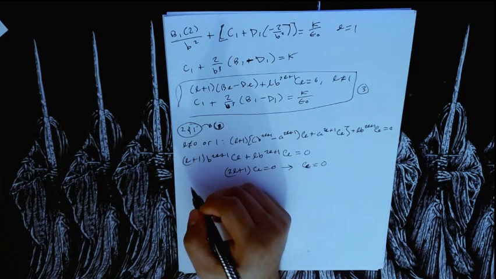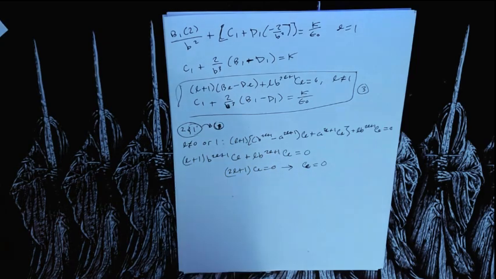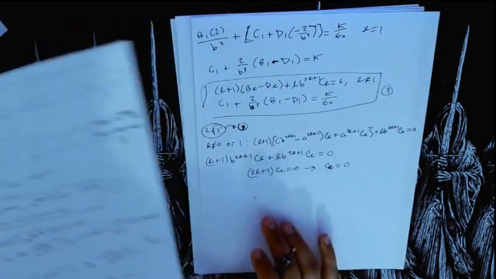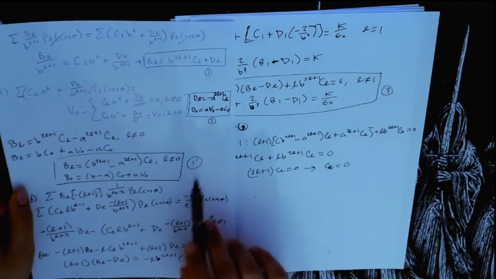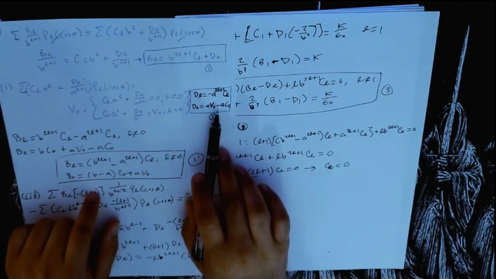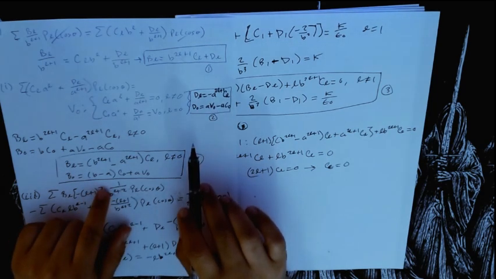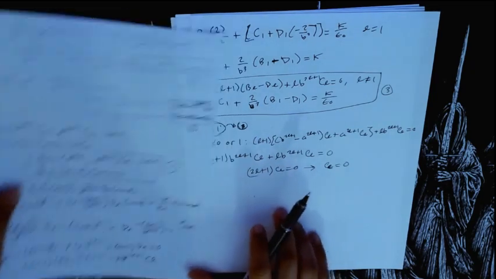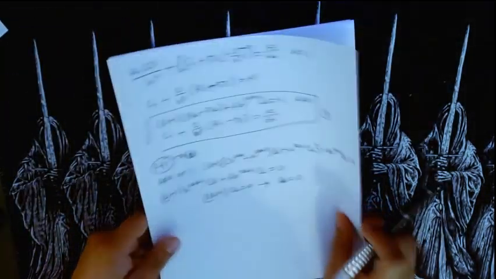Now, if we can plug L prime into 2 to figure out C1 and D1 and B1, I guess. Let me flip this.